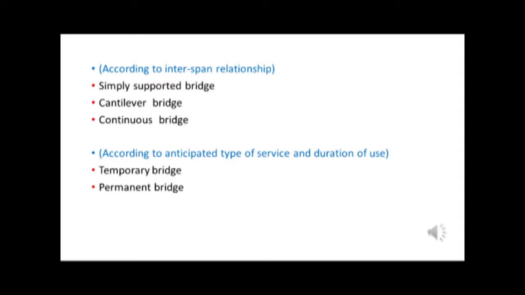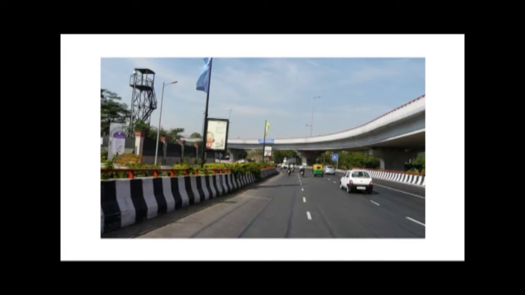Followed by the classification based on the interspan relationships. Here we have the simply supported bridge, cantilever bridge, and continuous bridge. A simply supported bridge acts as a simply supported beam, and the load is taken by a simply supported mechanism. In a cantilever bridge, we have a projection from each pier, and that acts as a cantilever portion, which supports the slab.